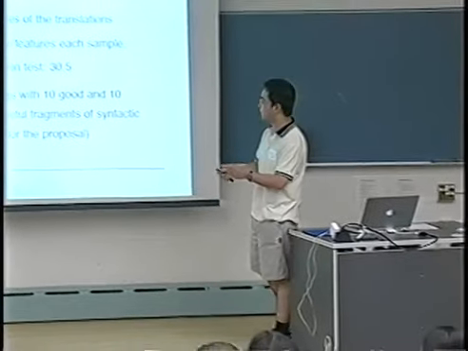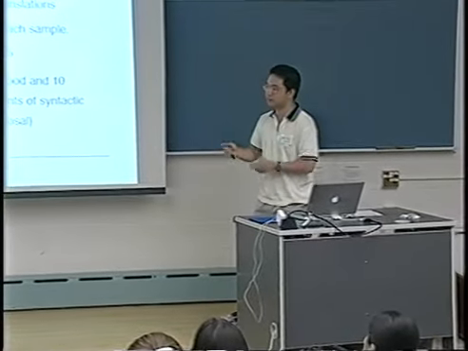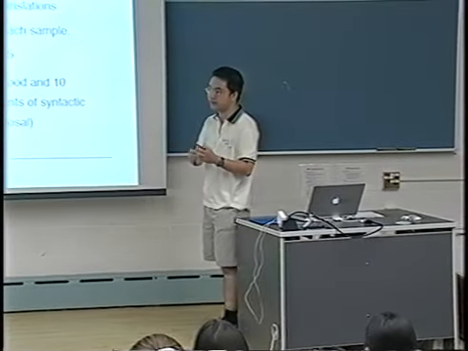Do you have any feeling, I guess the proposal will come later, but you think you can get away with only 10 good and 10 bad ones to get decent perceptron-type learning? You could question that, and this is actually a tricky problem of how to select those 10 good translations and the 10 bad translations.